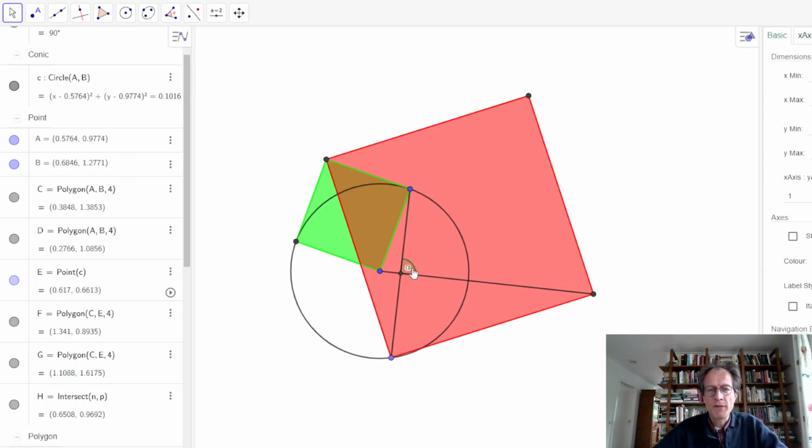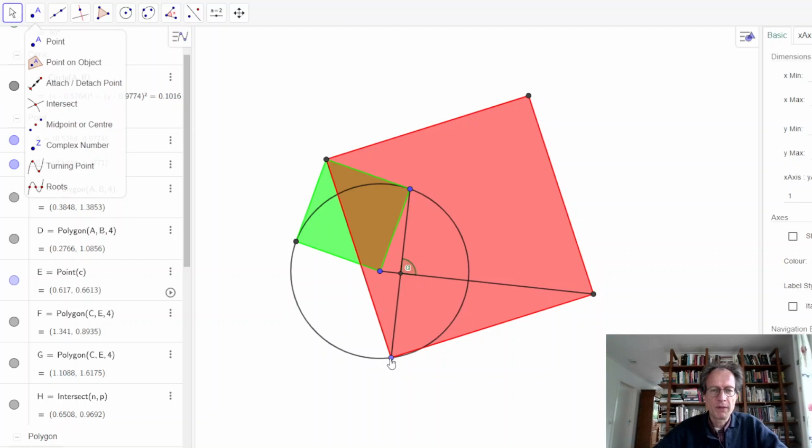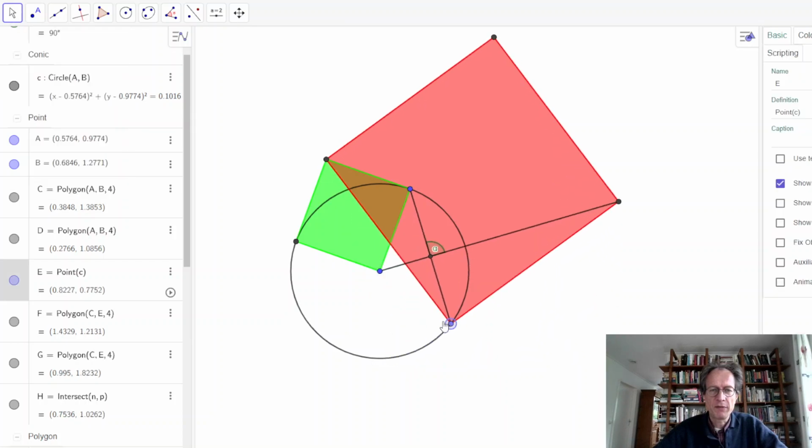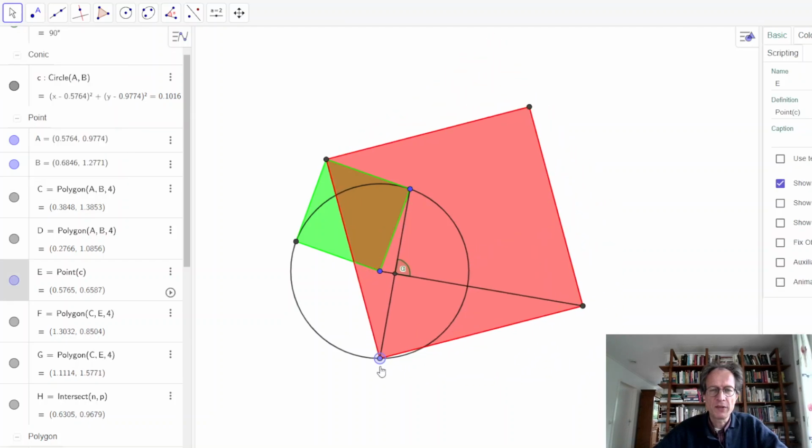We are asked to find this angle, and as you can see it looks like it must be 90 degrees. So we're asked to prove that this is 90 degrees, and I'm going to use vectors for that proof.